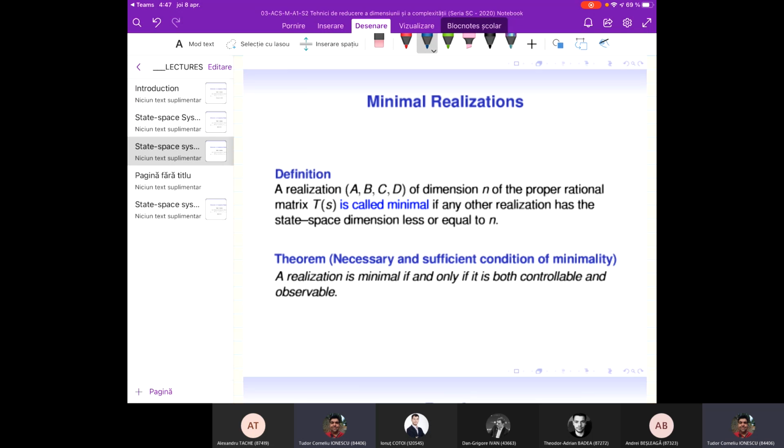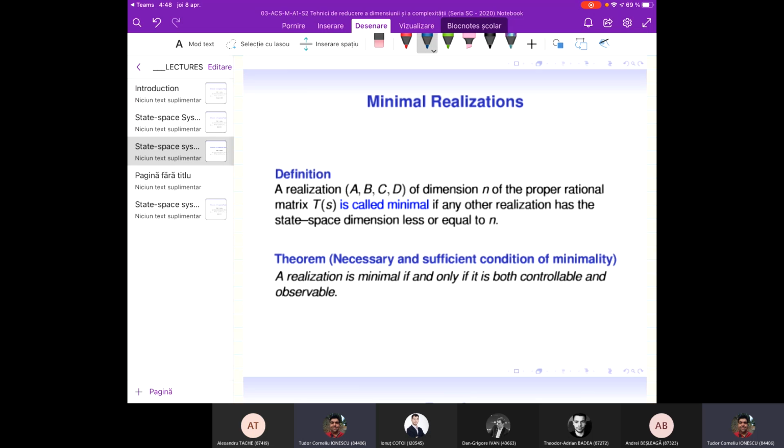Just remember that the dimension of the realization of a transfer function is given by the dimension of the denominator. However, the transfer matrix is a bit more difficult, and the transfer function can have identical poles and zeros, which need to be simplified. So you have to be careful about what you call the minimal dimension.